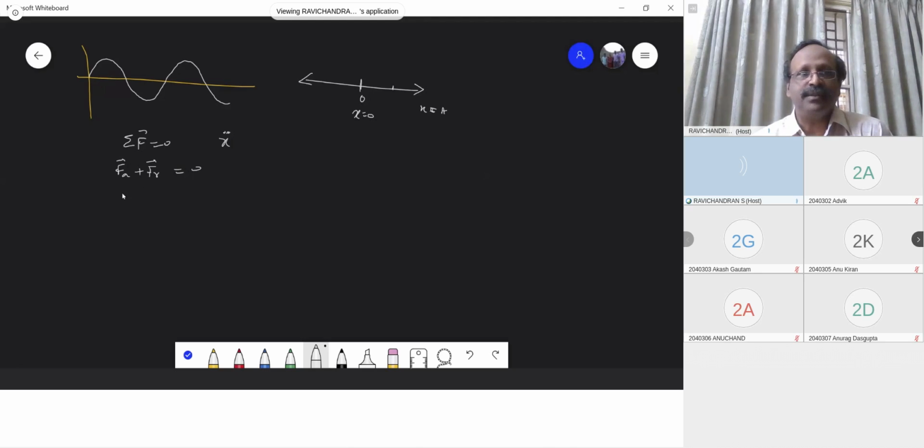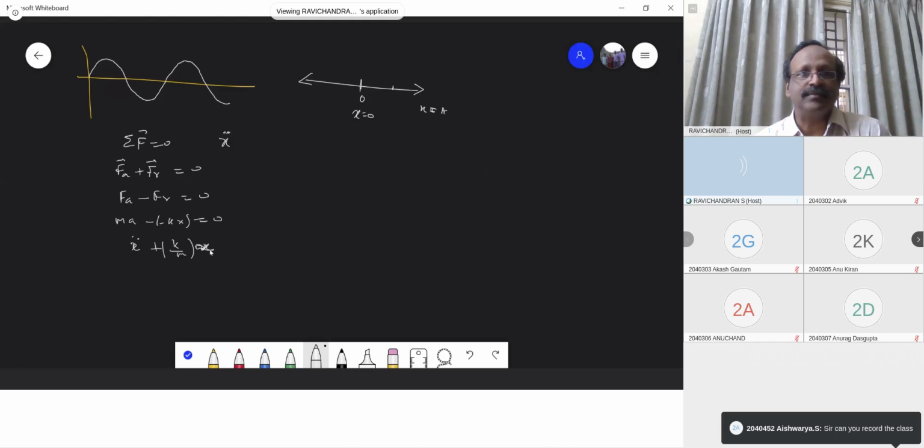Then you would have written F_A minus F_R is equal to 0. This is M into A minus of minus Kx is equal to 0. Or you would have taken x double dot plus K by M into x is equal to 0. This is what you would have written, right?